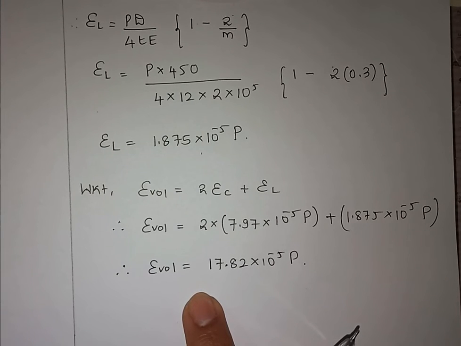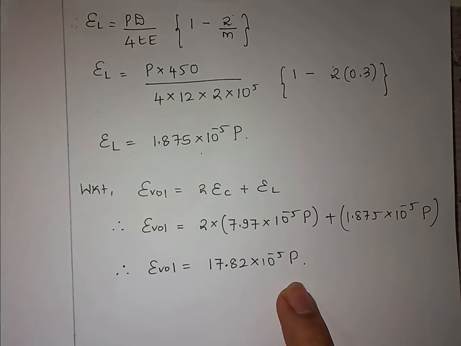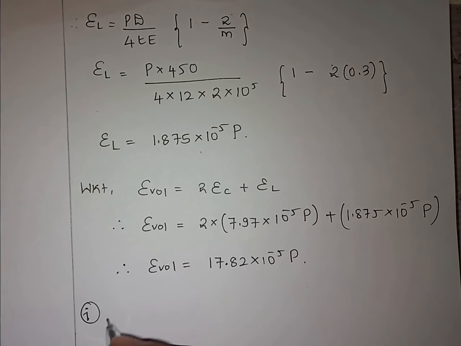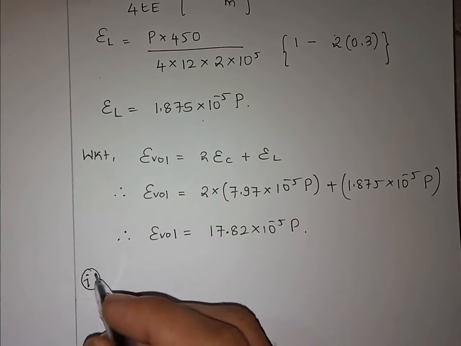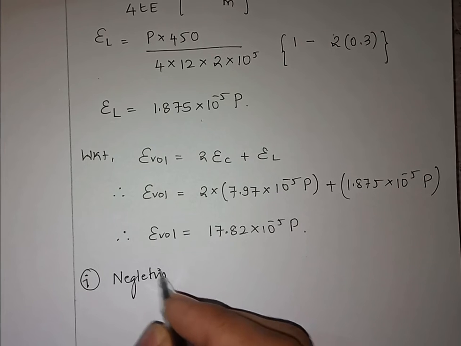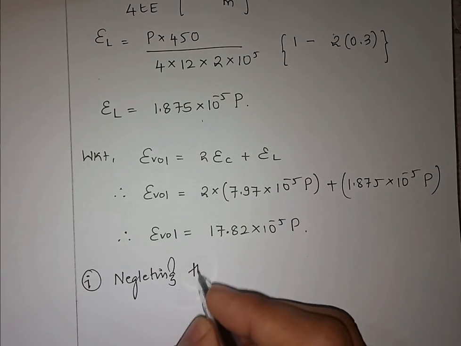So now I'll be considering both the cases one by one, and then I'll be calculating the value of pressure P. So the first case is neglecting the compressibility of water.